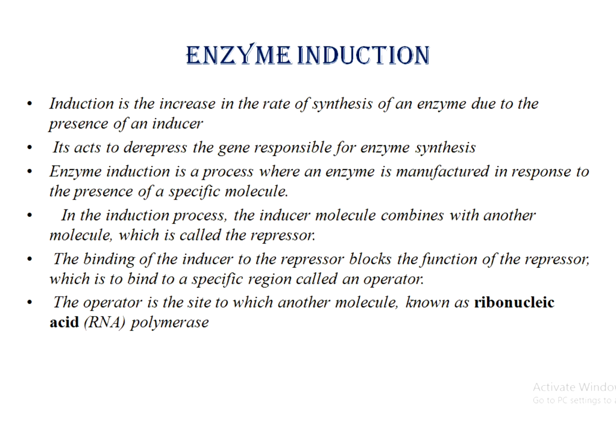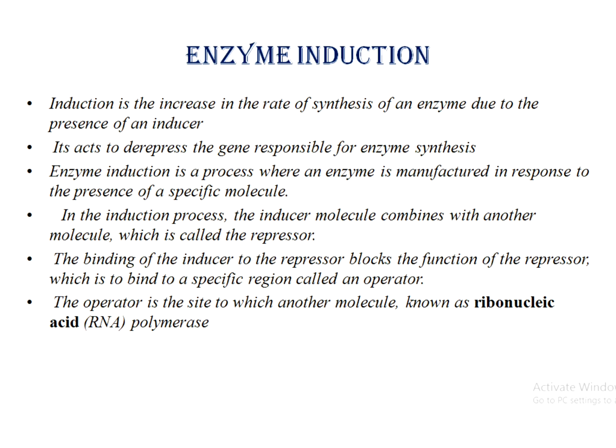Enzyme induction is a process where the enzyme is manufactured in the presence of a specific molecule. Specific molecule means the inducer only. That is, with the help of the inducer only, the enzyme will get manufactured. An inducer molecule combines with another molecule, that is called a repressor.